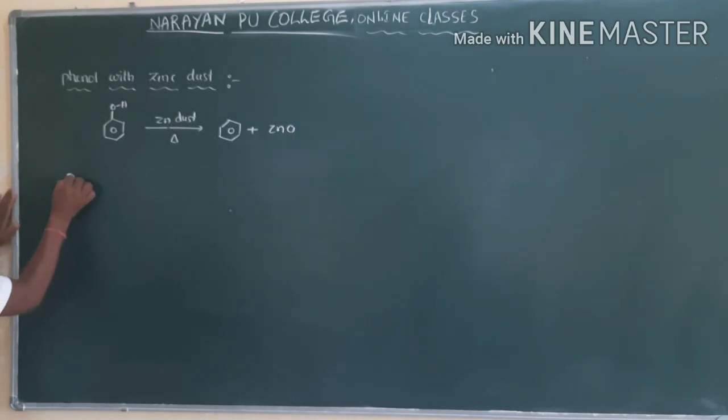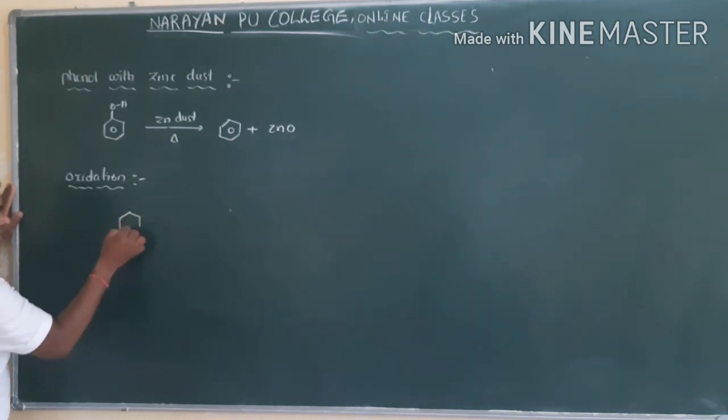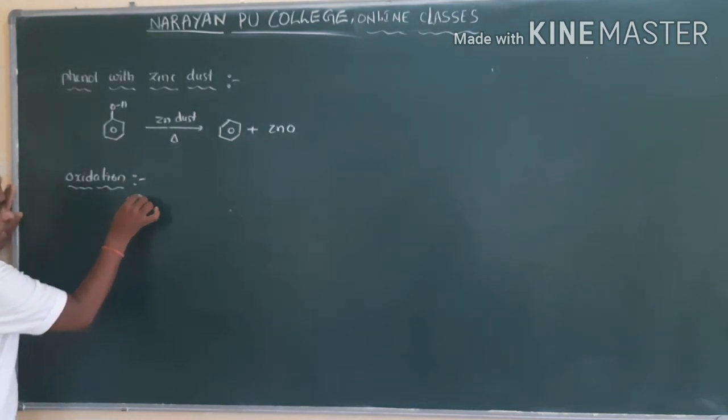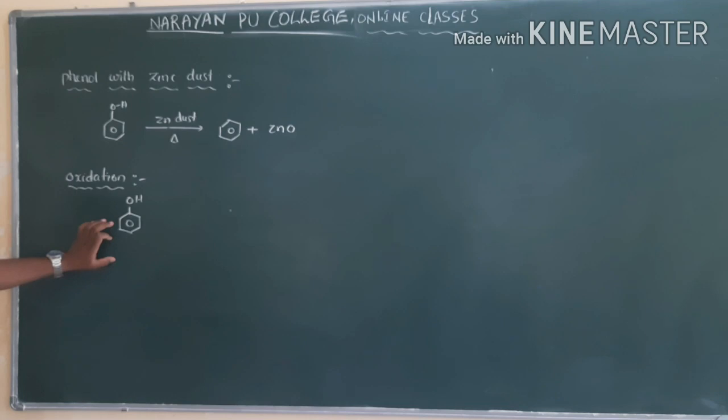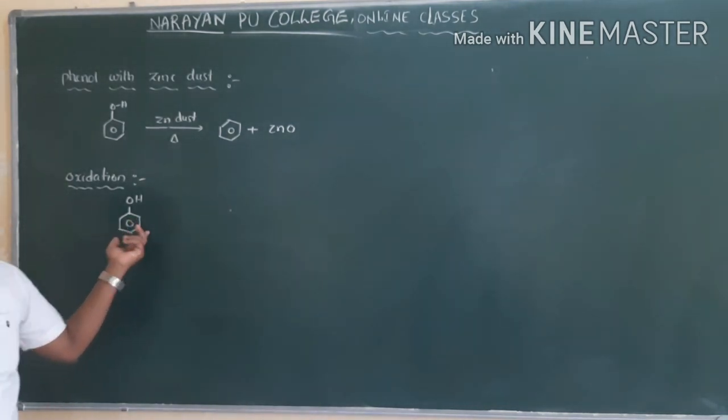Next one is oxidation. I already mentioned oxidation previously. If you take phenol, the OH group donates electrons to the benzene ring and the ring gets activated, so it is involved in reactions very fast.